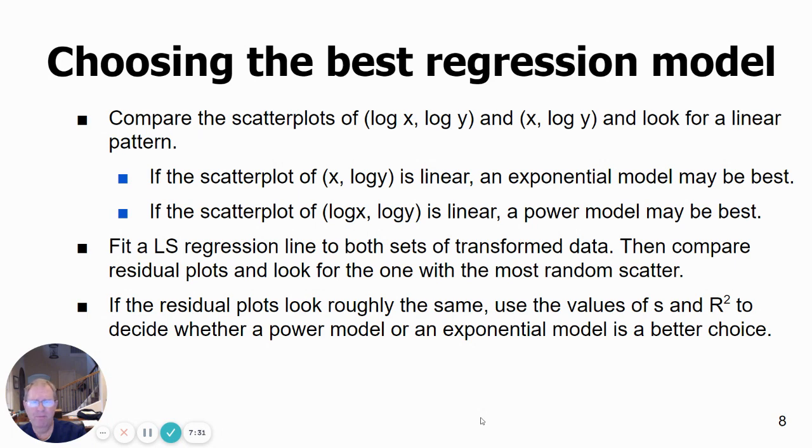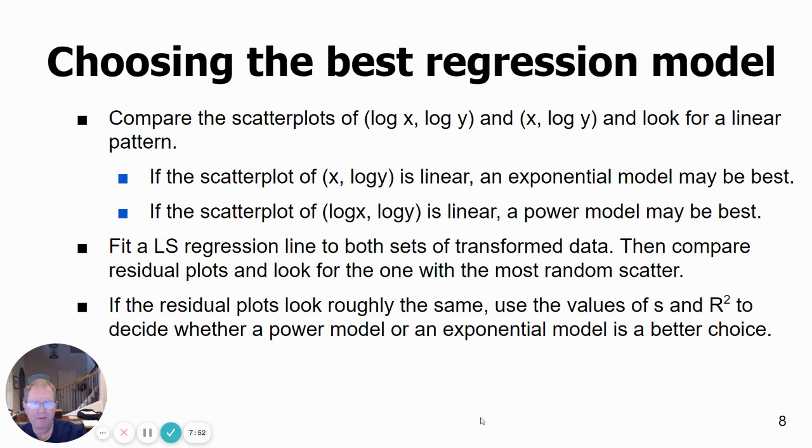But if it's hard to tell which one has a linear pattern, then the next step is to fit a least squares regression line to both sets of transformed data, and then look at their residual plots to see which one has the most random scatter. That's the second step.